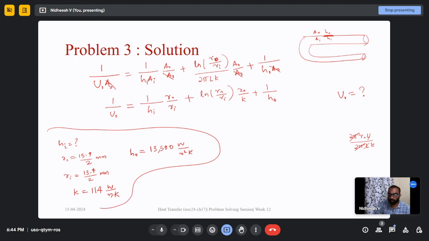It means that if we find out this HI, we can calculate this overall heat transfer coefficient. So now the problem reduces to finding out HI. How can we find out HI?